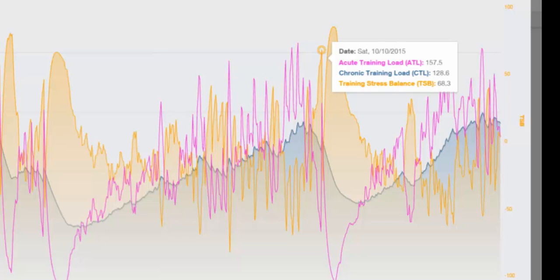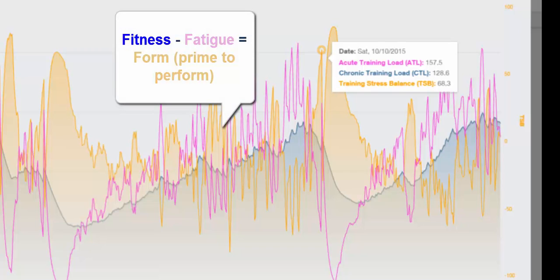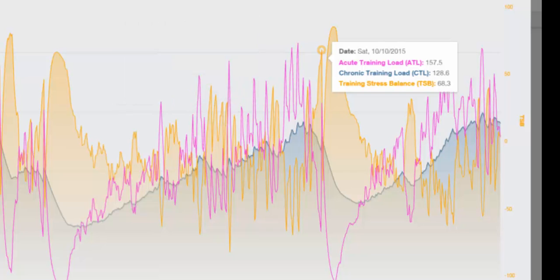But as we were getting to the day before Kona, here, you can see how her training stress balance, what your homepage calls form, was on a positive balance. So fitness minus fatigue equals form. This training stress balance, the yellow line, when it's positive, means that you're primed for a good performance.